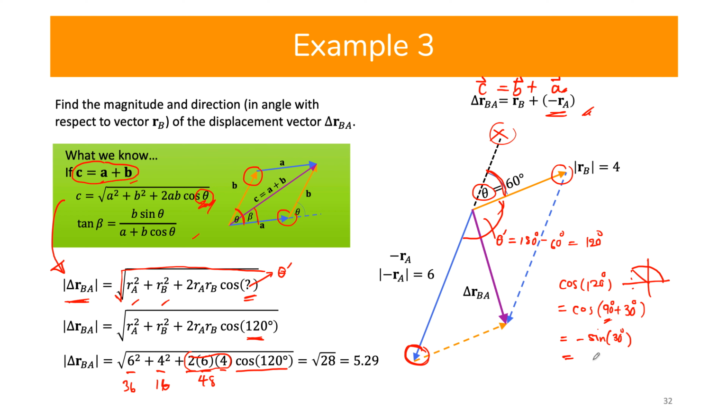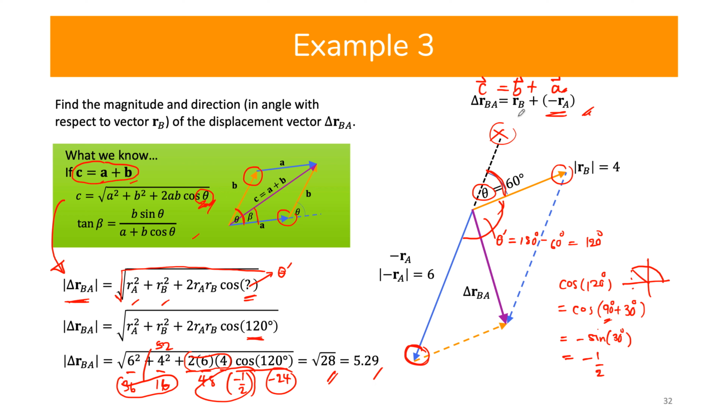So cosine 120 is equal to minus 1.5 (as stated in the video). So you have minus 1.5 over here. You have this 52, you have this minus 24, so you end up having 28 inside the square root, and that comes to 5.29.